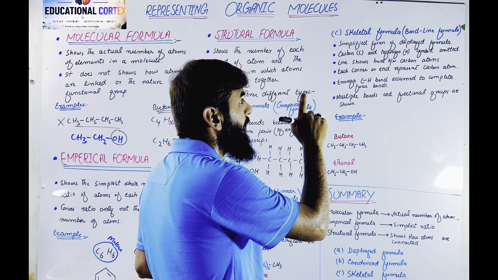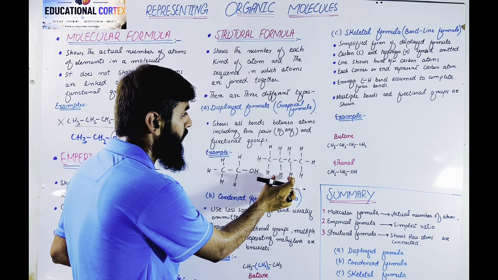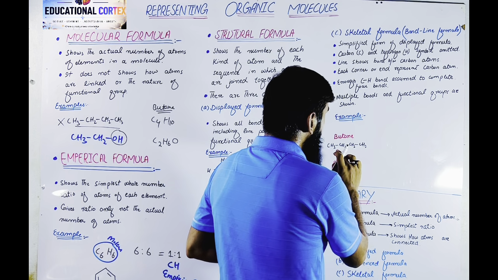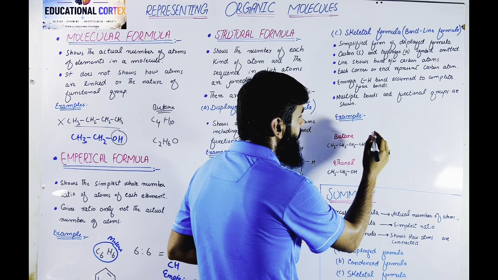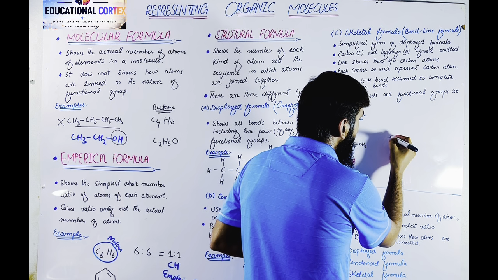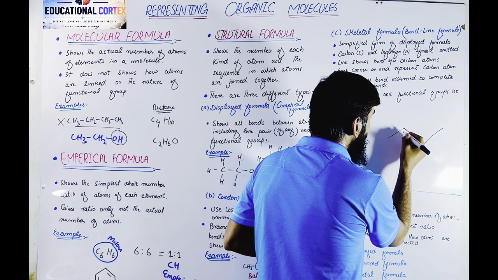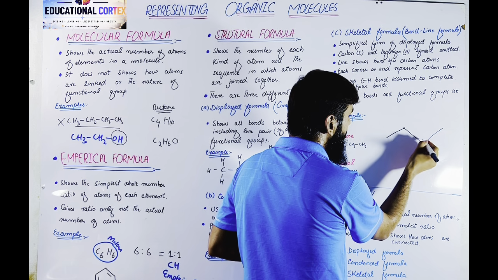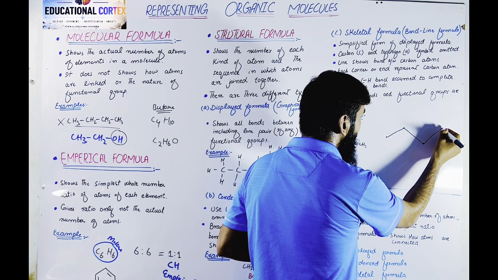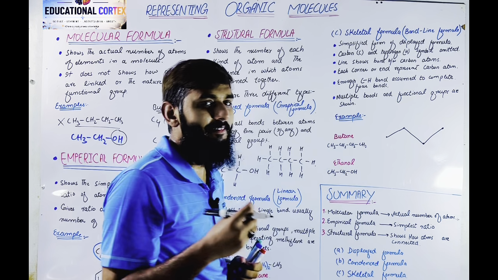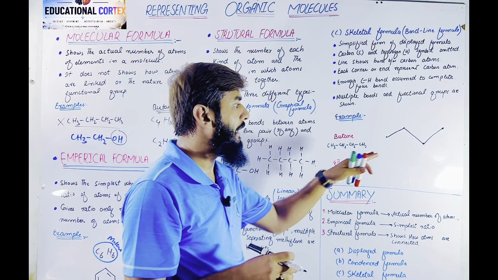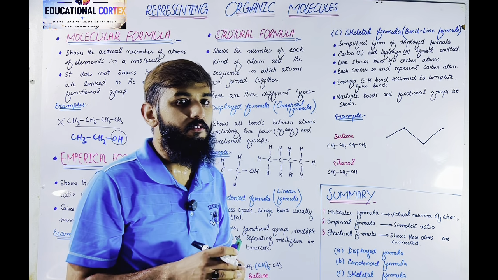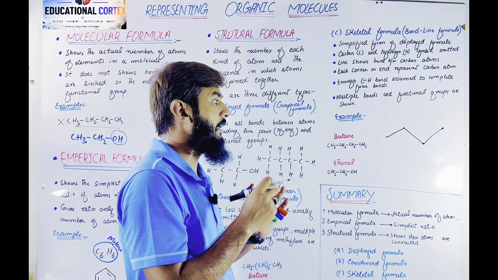First, I write the simplified form of displayed formula, and displayed formula is this one. If we talk about butane, this is the structural formula of butane. Now, I mentioned the characteristics that every corner or every end, this corner, this end, and this end, will be assumed as a carbon atom, and the symbols of carbon and hydrogen are omitted, meaning we cannot write the symbols of carbon and hydrogen.